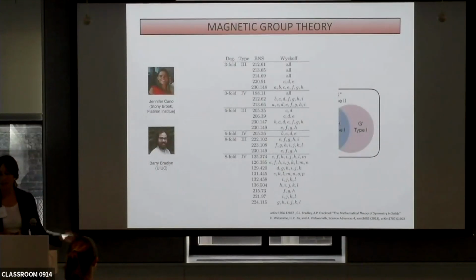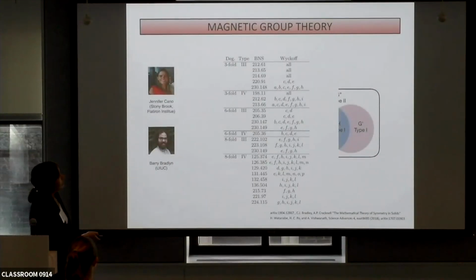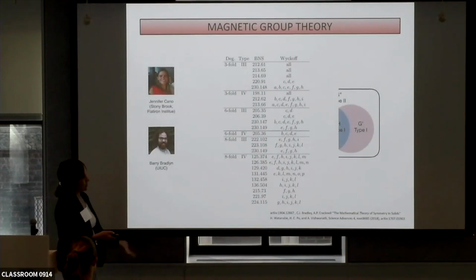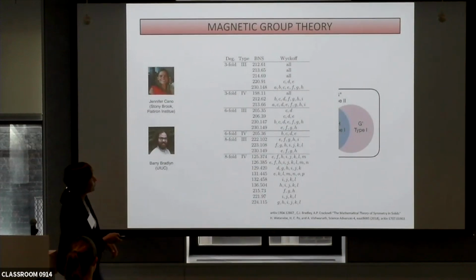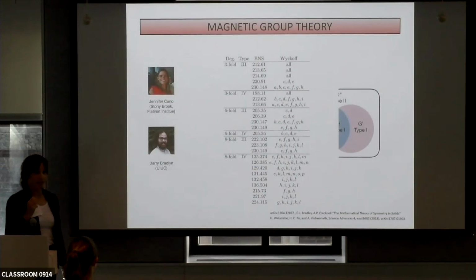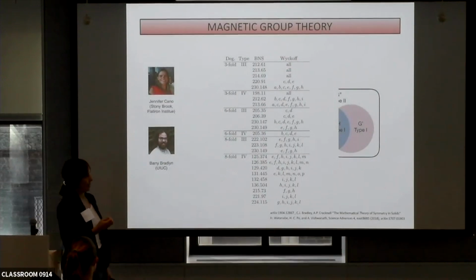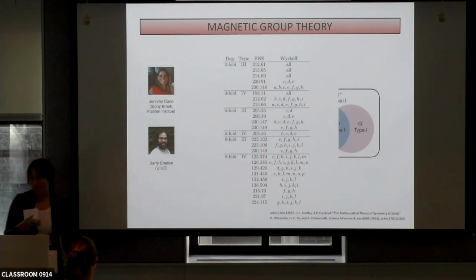And since we are only looking at high symmetry points, here is a recipe of the space groups that can hold 3-fold, 6-fold, and 8-fold nodal crossings, as in the paramagnetic case, and the Wyckoff positions. Of course, this is in principle for non-interacting phases, but I will discuss this in a second.